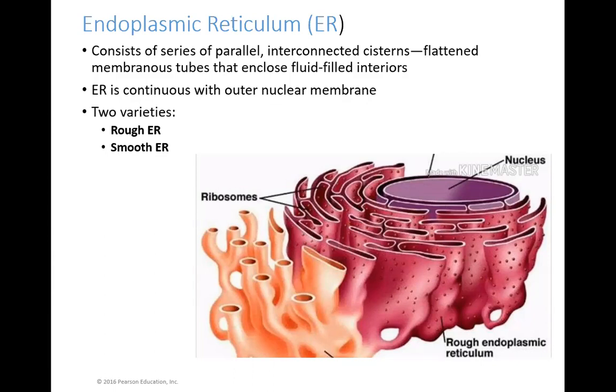The endoplasmic reticulum and the nucleus share common openings. These are what we call nuclear pores. Those are openings in the membrane of the nucleus that open directly into the rough ER. We call it the rough ER because all those little dots on there are the ribosomes, the little tiny dots of the ribosomes.